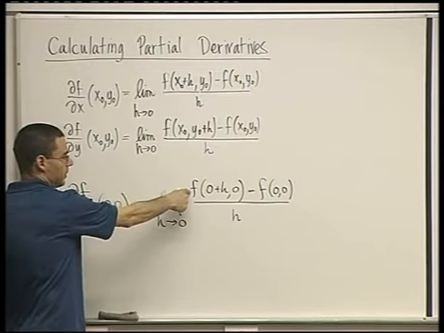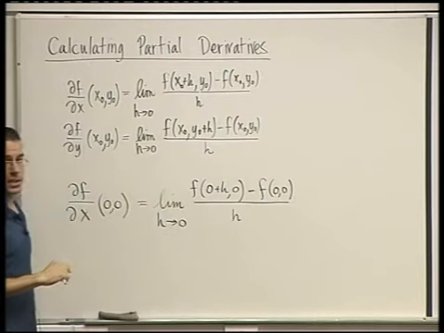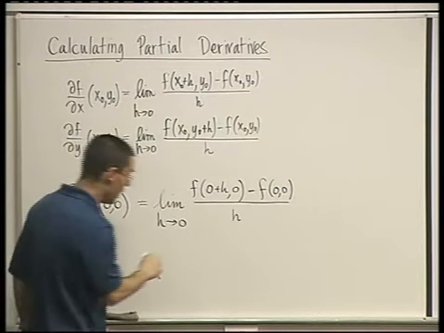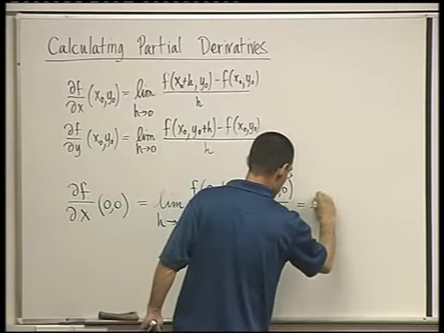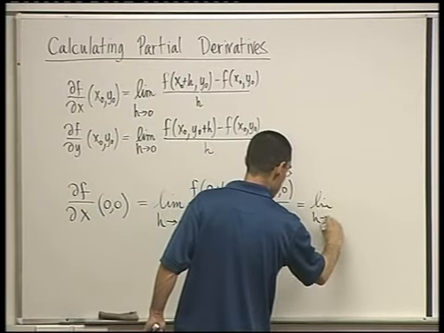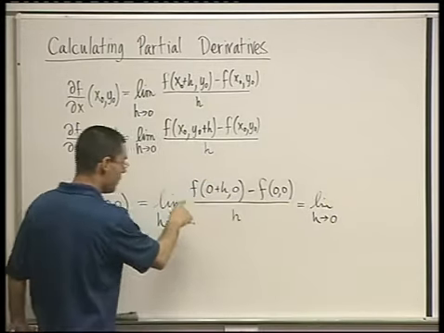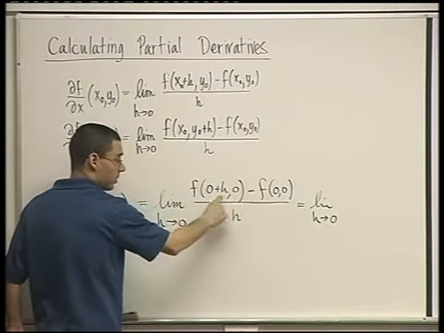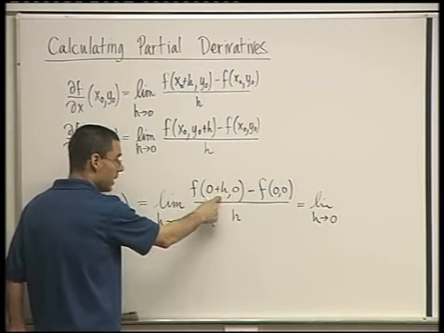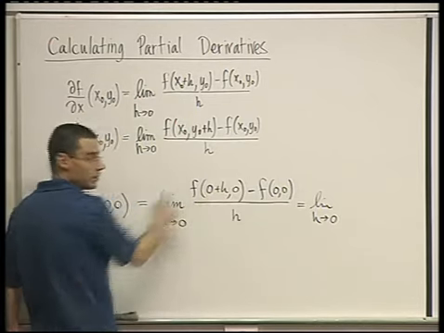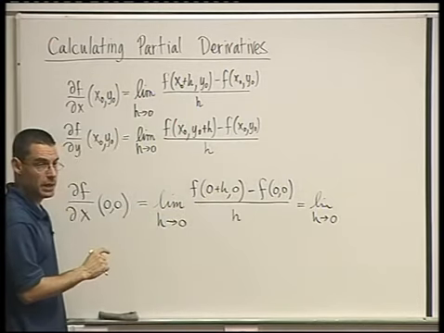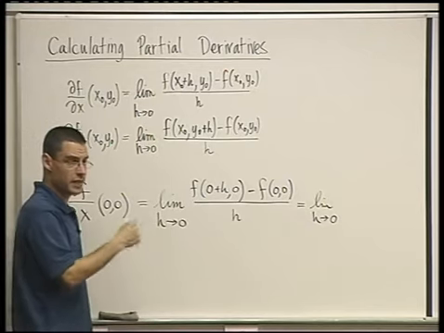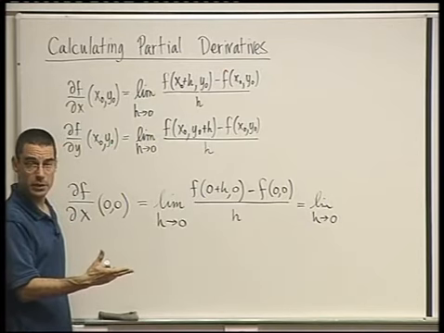Now I want to replace this f with the actual function that I'm looking at. So it's the limit as h goes to 0 of, the function was, at points which are not the point (0, 0), like this point, I have to plug in h for x and 0 for y, right? And the function was xy divided by x squared plus y squared. Okay?